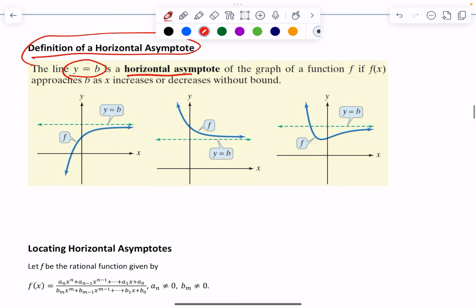So let's look at this first one right here. As x is approaching infinity, so it keeps going and going, f of x keeps approaching b.